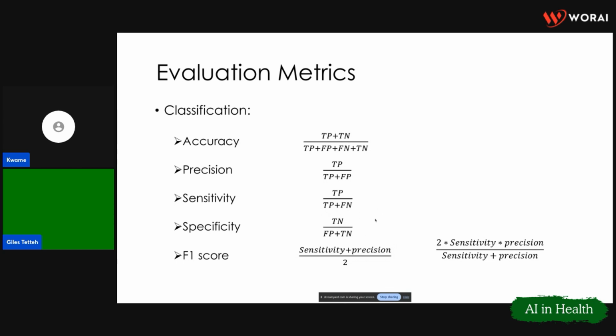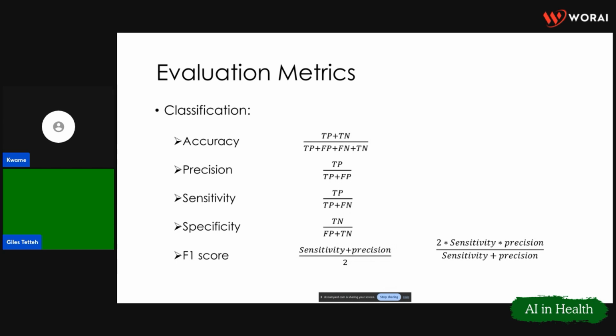When we talk about sensitivity in medicine, it's basically the rate at which we detect true positives. If your model has a higher sensitivity, it means that if somebody has a specific disease, it is hard for your model to miss that person and say they don't have the disease.